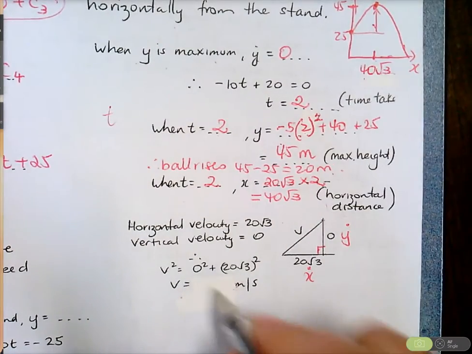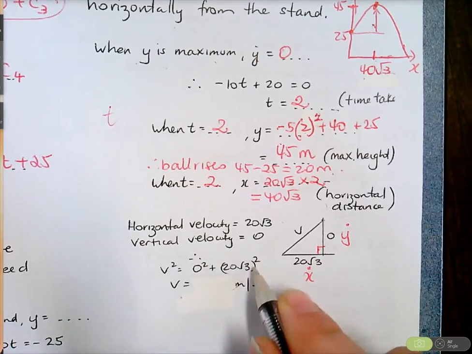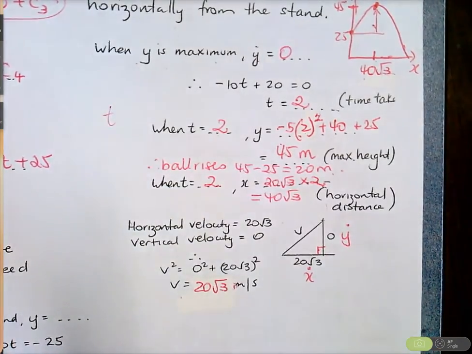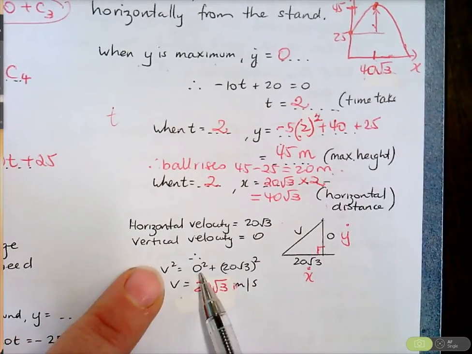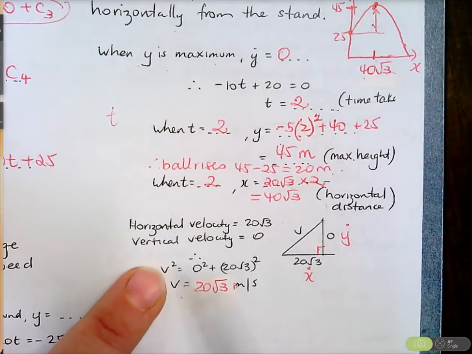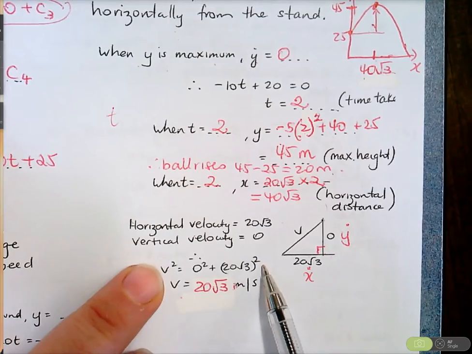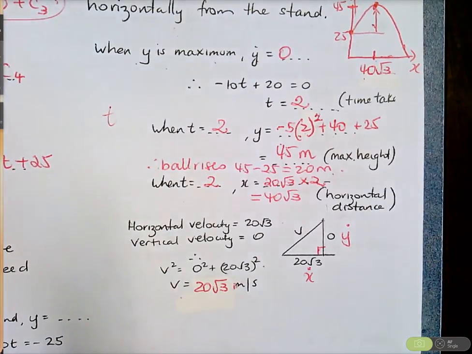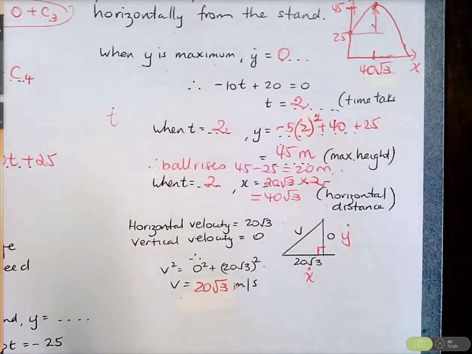If I go v squared is 20 root 3 squared, what's v? 20 root 3. Girls, v squared is 0 squared plus 20 root 3 squared. Keep it as squared. So v is the square root of that. Just get rid of the squared sign. It's 20 root 3. Does that make sense? Sorry, I thought there was a mistake.